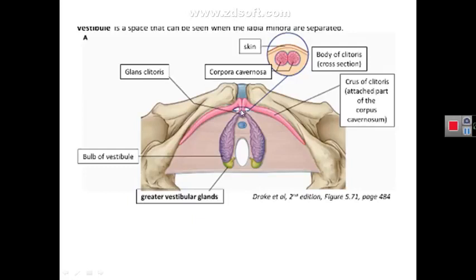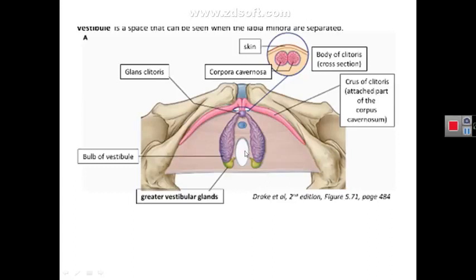But the distal end of the corpus cavernosum of the clitoris is covered by a tubercle, which is called the glans clitoris. The surface of this glans clitoris is sensitive for sexual arousal. And you can see that you have a bulb of vestibule which simulates the bulb of penis, but here the bulb of vestibule is clefted.